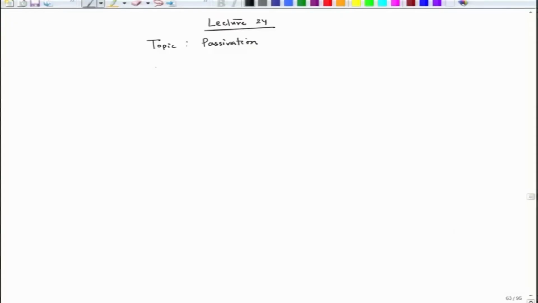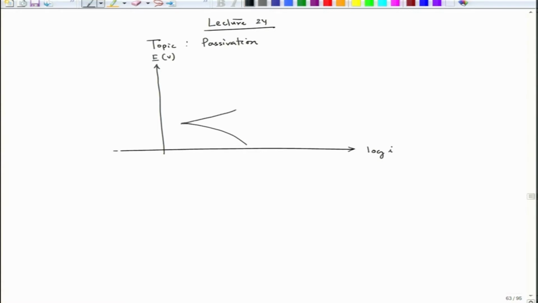If we see a polarization plot for an active passive metal, the plot looks like this. This is the kind of plot one can experience.